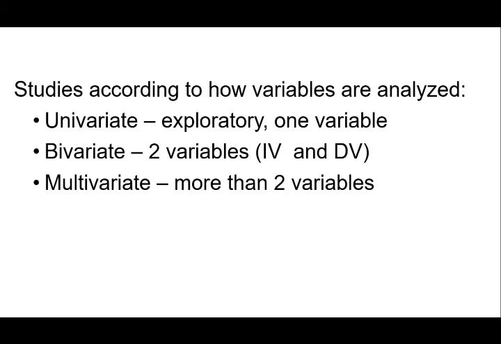If it is the relationship between two variables, like for example, one independent variable and one dependent variable, we call that bivariate. And finally, if there are more than two variables included in the analysis, like for example, two independent variables and just one dependent variable, we call that multivariate.